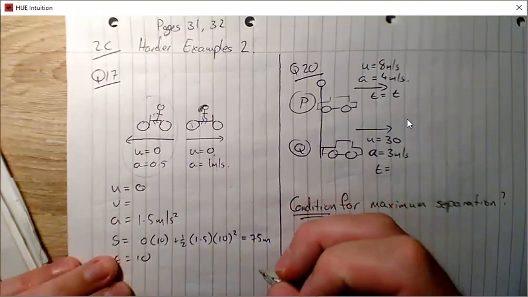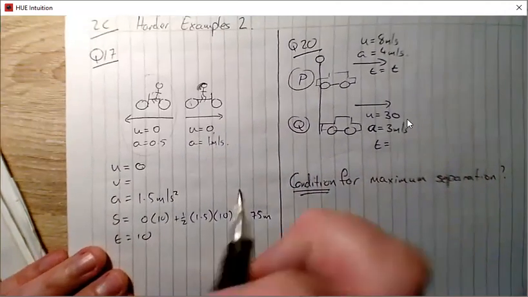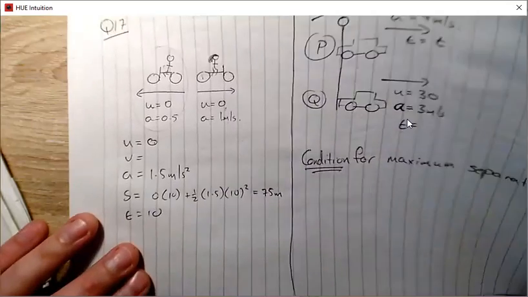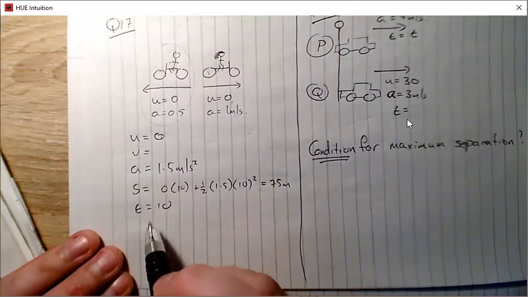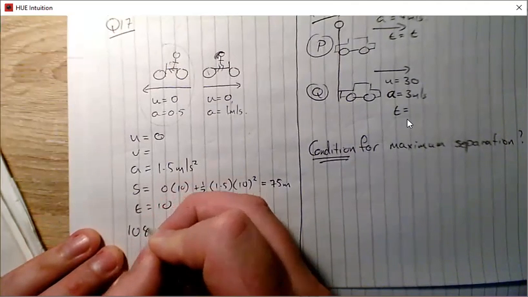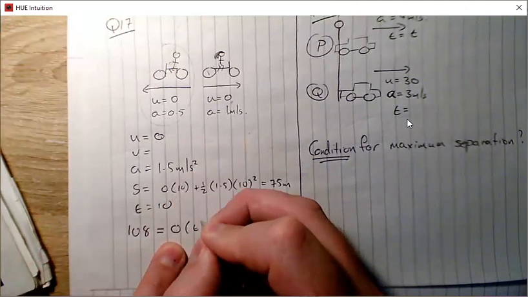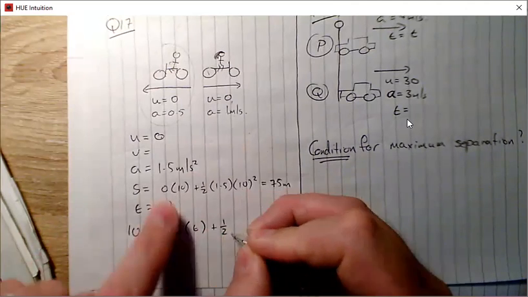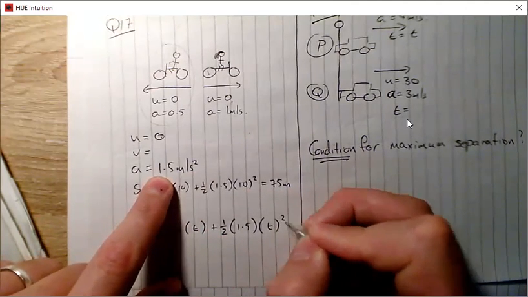After how long more will they be 108 meters apart? Again, this relative approach is going to give you a much easier run on this question than trying to treat them separately. So if the distance is 108, what's the time? You use s equals ut plus a half at squared, where t is an unknown now.